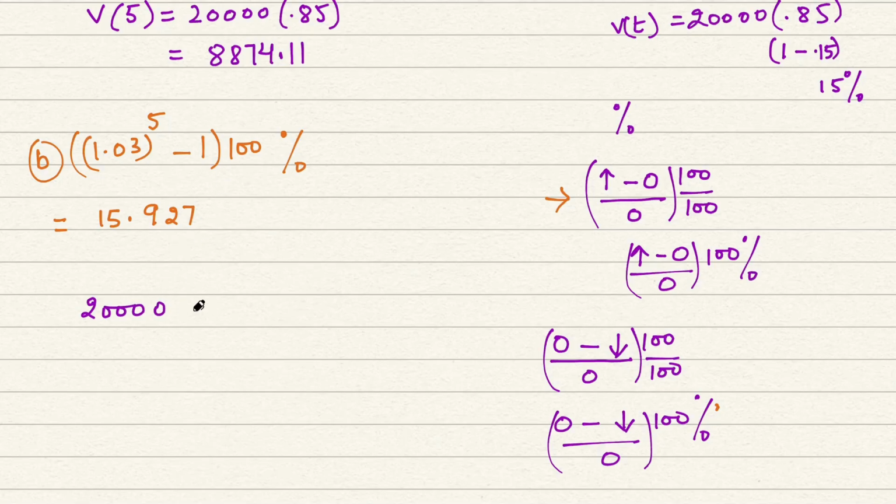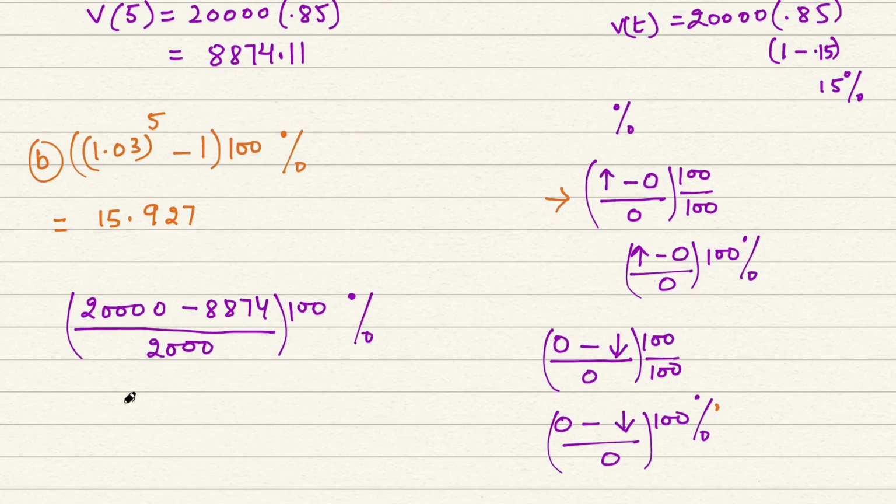Yes, 20,000 minus 8874. Let's round it off, over 20,000. Now I cannot take common, right? And then 100 and then percent. 20,000. Okay, now you can use the calculator and calculate this. So it's 55.63%.